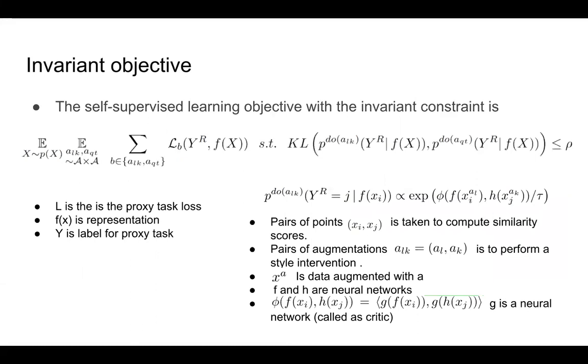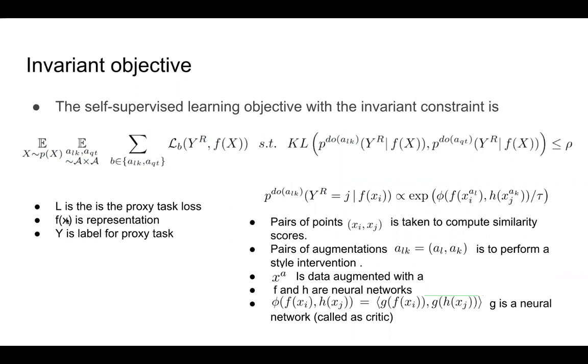Yeah, that also gives the learning objective. This is the learning objective, and this L of YR and FX means that this is the proxy task loss, still the loss of recognizing the same image, but we just add one invariant constraint, the constraint that the representation shouldn't change in different styles.